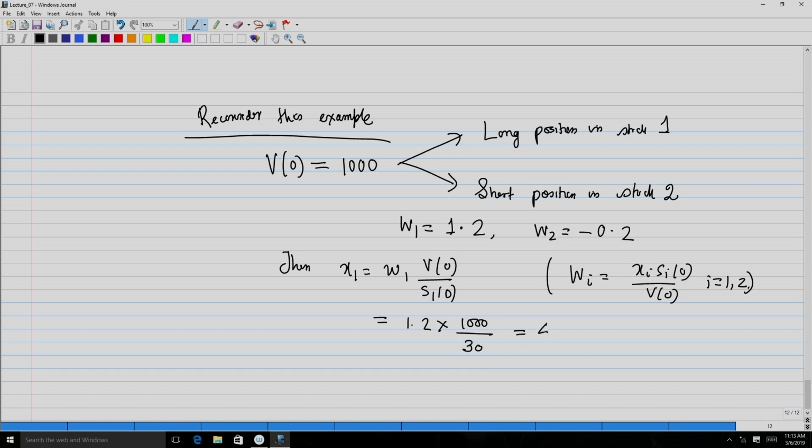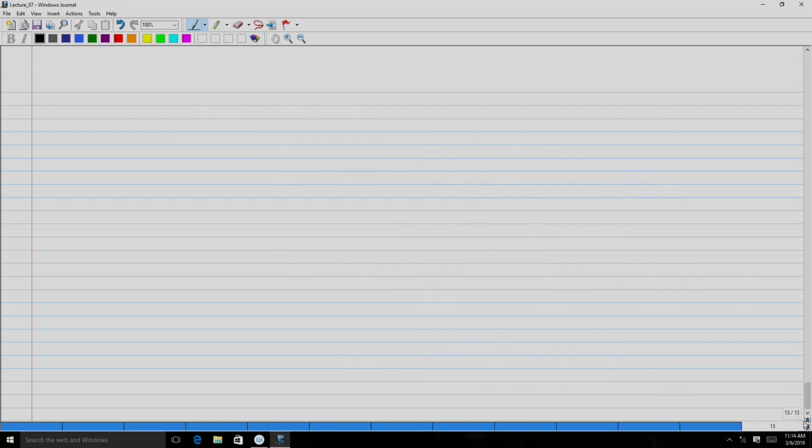So, this is equal to 40, and x2 is going to be W2 V0 divided by S2 of 0. This is going to be minus 0.2 into 1000 divided by 40, and this is minus 5. So, basically you have borrowed somebody else's stock and short sold, and you have used that money to purchase some additional units of the first stock for whatever reason.